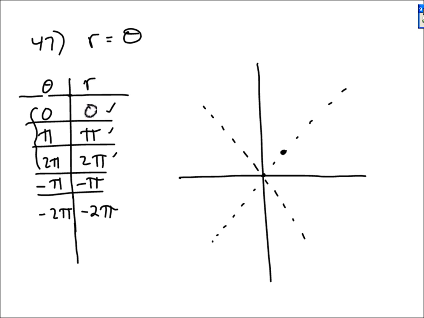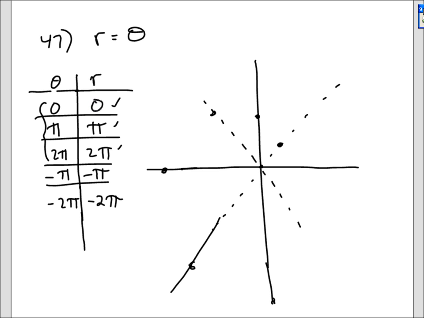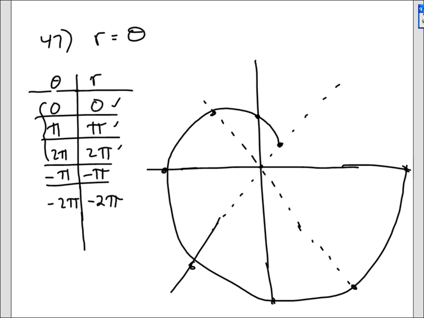At pi over 2, that's more. 3 pi over 4 is here. 4 pi over 4 is here. 5 pi over 4. 6 pi over 4. 7 pi over 4. 8 pi over 4. It's like a spiral. It gets bigger and bigger and bigger. It goes around and around and around. It starts at 0.